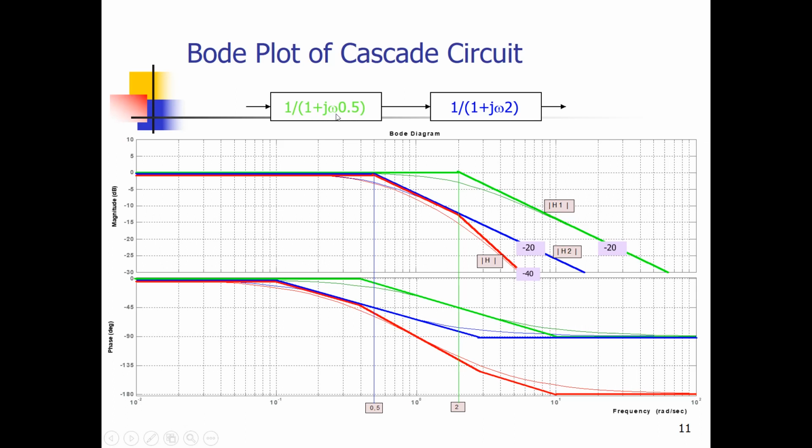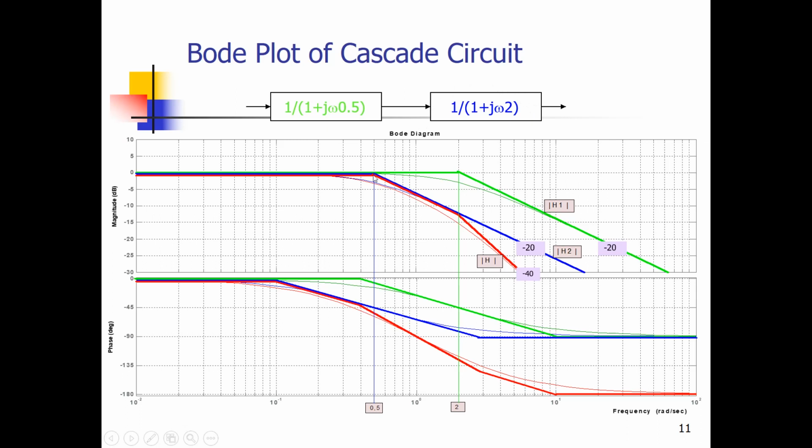So the crossover frequency omega is 1 over 0.5, which is 2 radians per second. Doing the same for this circuit gives us a crossover frequency of 1 over 2, which is 0.5 radians per second.